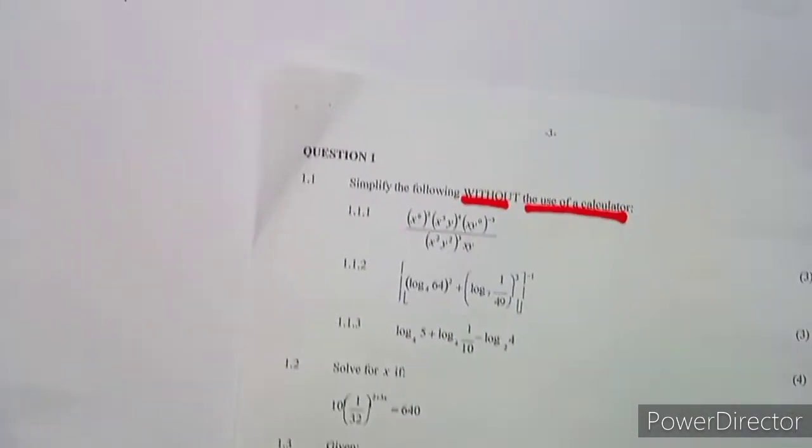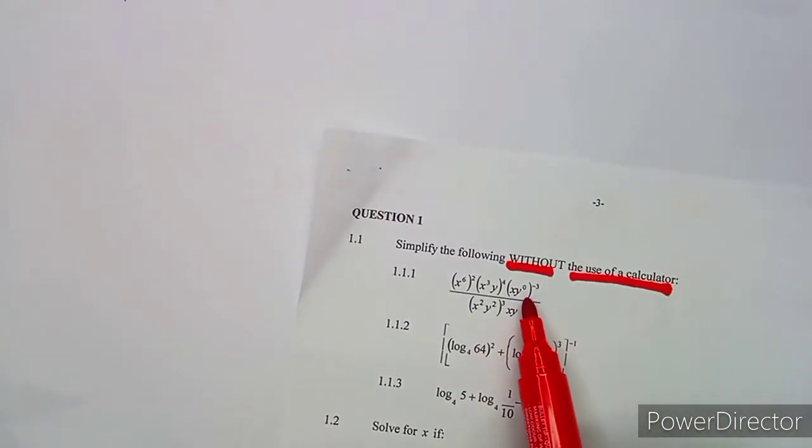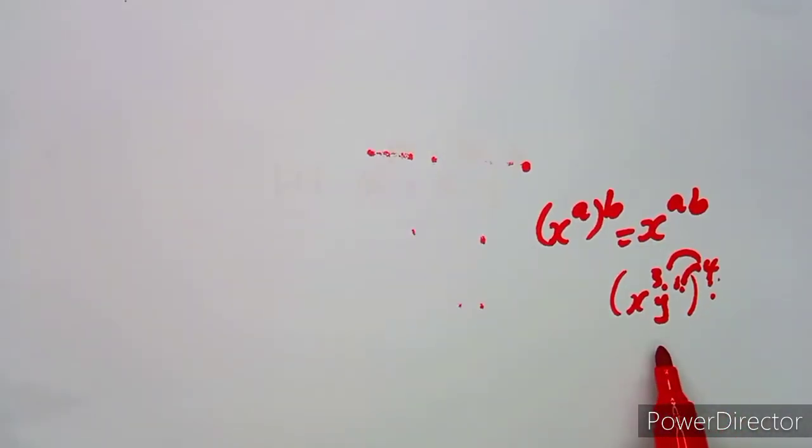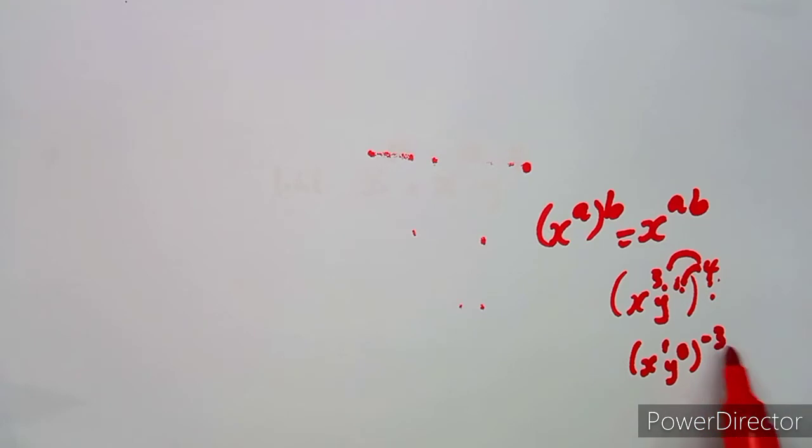Let's see another part that we are given here. This time we have a negative 3 on our exponent. It's x to the exponent of 1, y to the exponent of 0, to the exponent of negative 3.